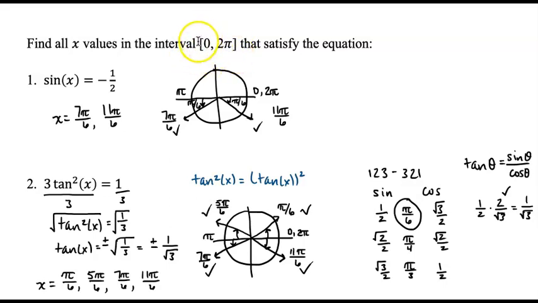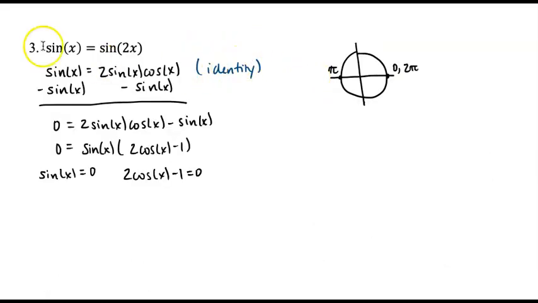On WebAssign, if one of these has parentheses around it, that means that is the value you do not include. Because both of these endpoints have brackets, we need to include both 0 and 2 pi. So I can say that this will yield x is equal to 0, pi, and 2 pi.